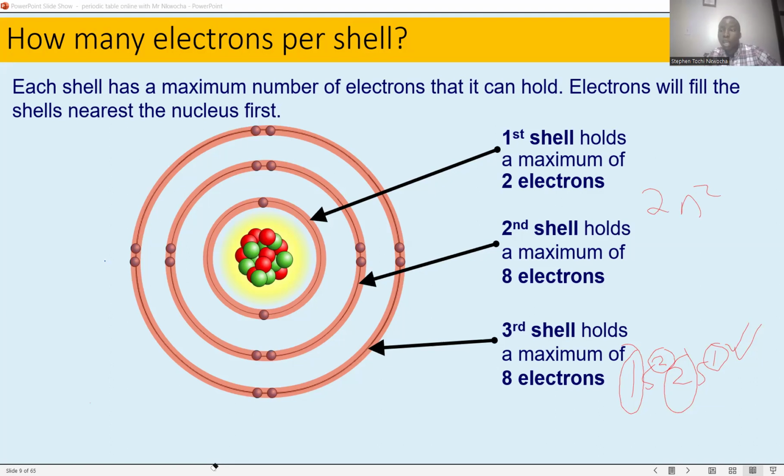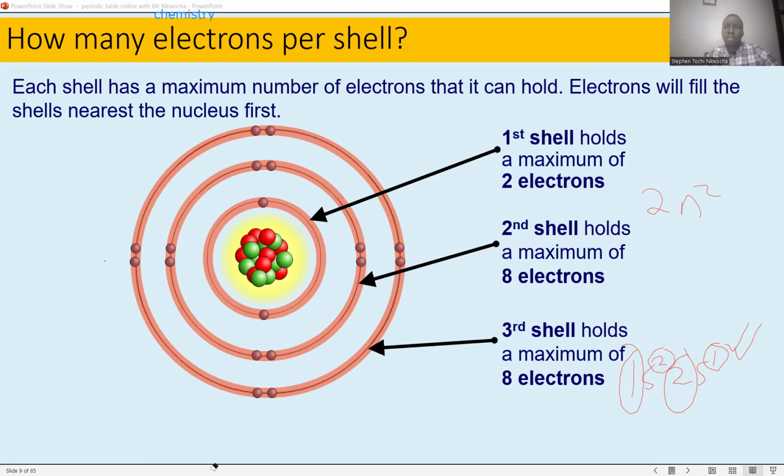So if n is 1, that means you have only the first shell. If n is equal to 2, that means you have the second shell. So that can tell you how many electrons are there, and you can also use that to find out from the atomic number how many shells are in that element. But nobody usually asks how many shells the element has. Have I ever seen that question before?